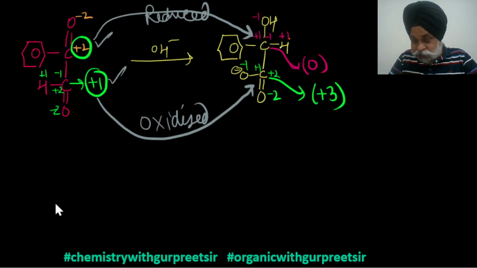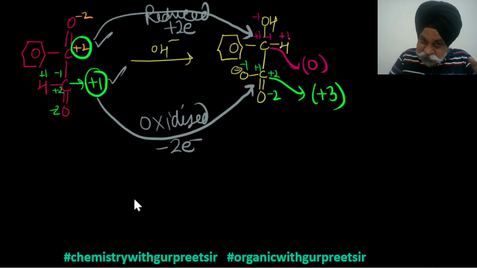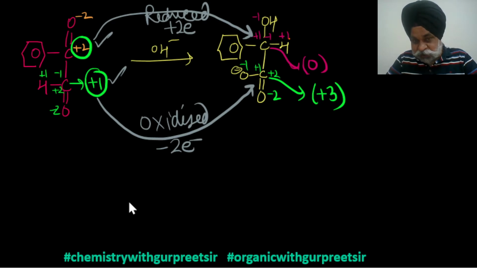Although there is a loss and gain of 2 electrons, this +2 goes to 0, that means it must have gained 2 electrons, and this +1 goes to +3, so it must have lost 2 electrons. So in that sense it is a redox reaction. Definitely it is a redox reaction, but it would not be called disproportionation, in the sense that for disproportionation to happen, the same element has to undergo oxidation as well as reduction.